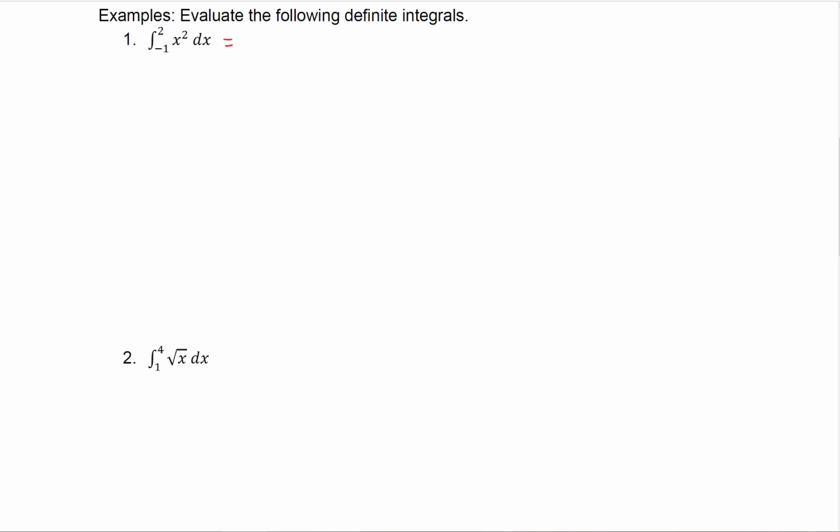So the antiderivative of x squared dx, we know is technically going to be x cubed over 3 plus c. Now, for our purposes, we're going to let c equal 0. So because we're going to let c equal 0, this is just x cubed over 3 plus 0.